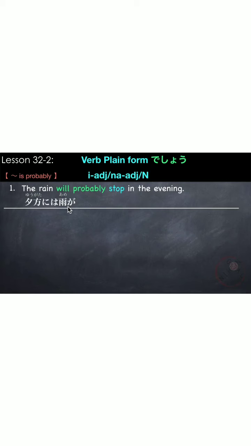Yugata ni wa ame ga, our verb is stop. For rain, we use yamimasu. So we change it to plain form. So it's yamu. Yamimasu becomes yamu. Followed by desho. Yugata ni wa ame ga yamu desho.